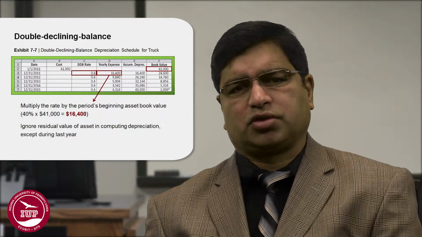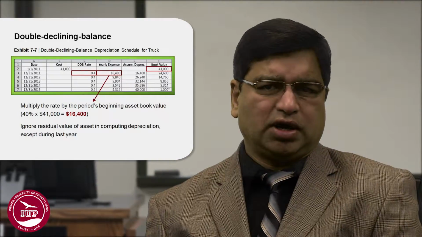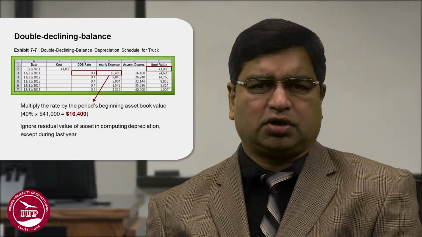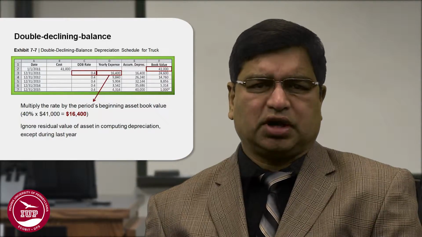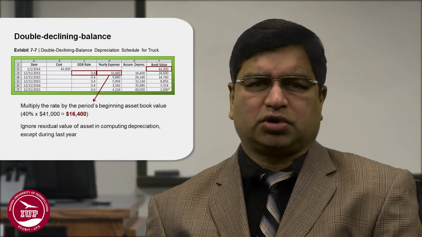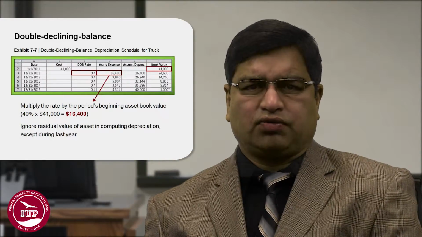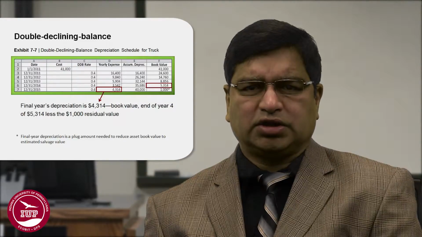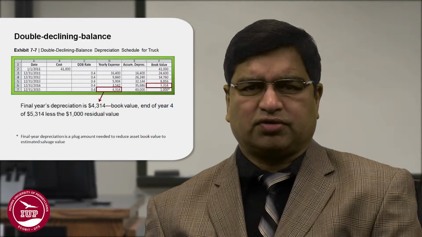So you need to remember to charge this on the declining balance or declining book value over the period of time. In this case, we ignore the residual value of the asset except during the last year. Now if you look at the last year, that's the time when we charged the depreciation out of 5,314.